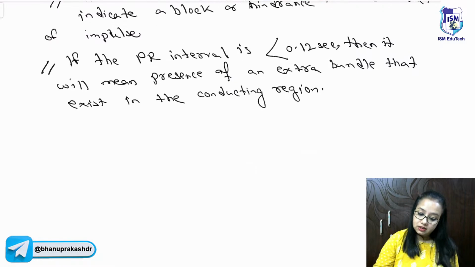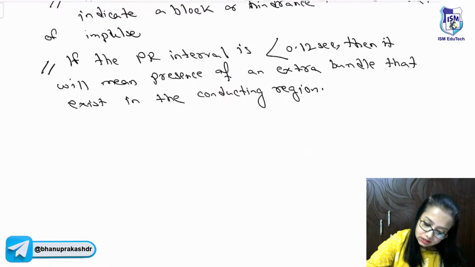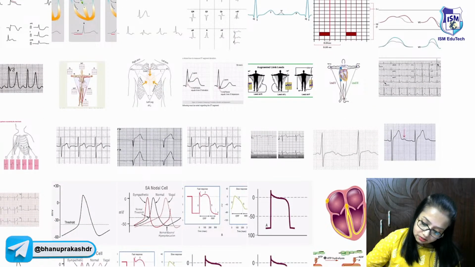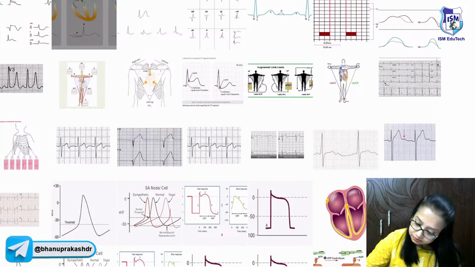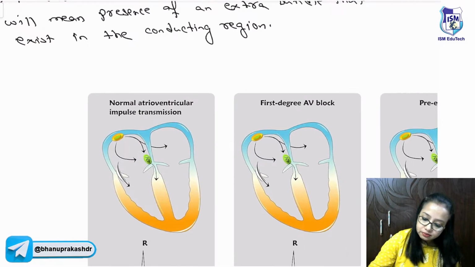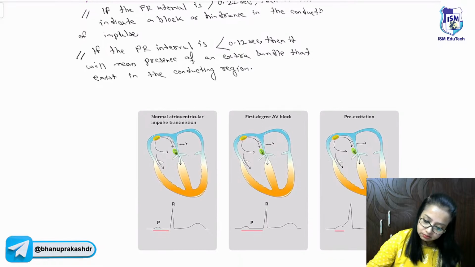Okay. Let us see and understand this with this graph, with this diagram.